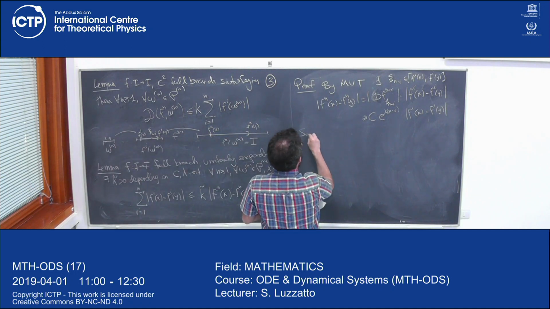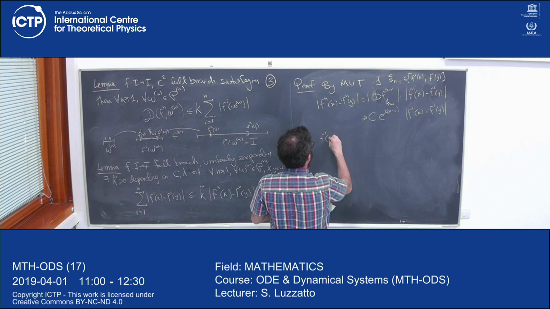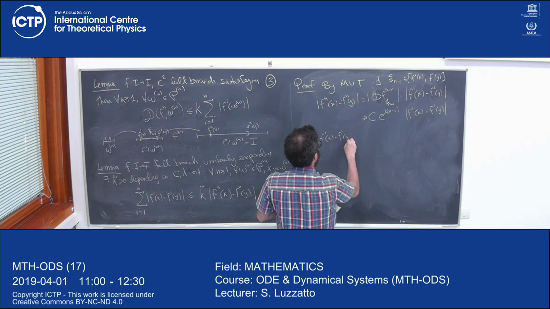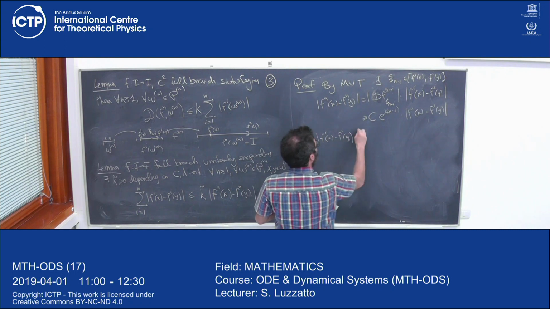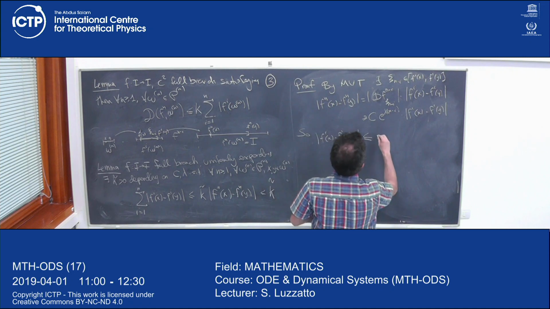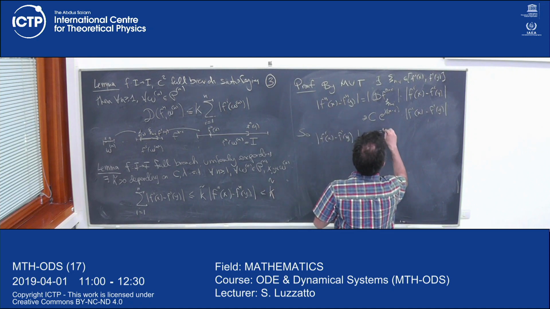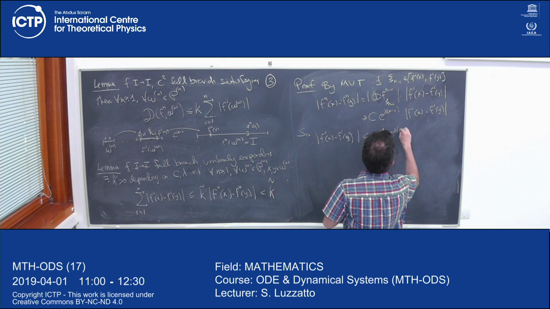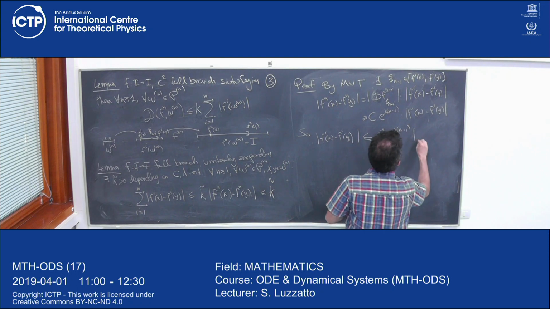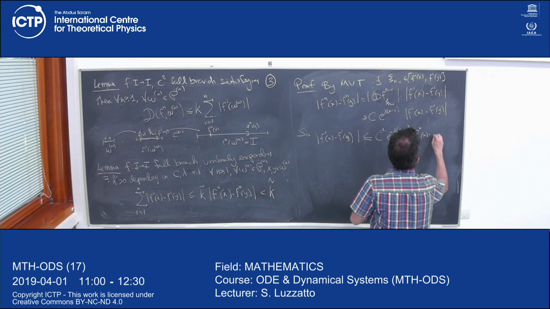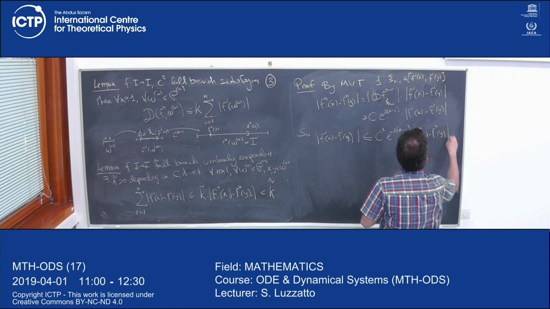So what we have here is that |f^i(x) - f^i(y)| is less than or equal to c^(-1) e^(-λ(n-i)) times |f^n(x) - f^n(y)|.